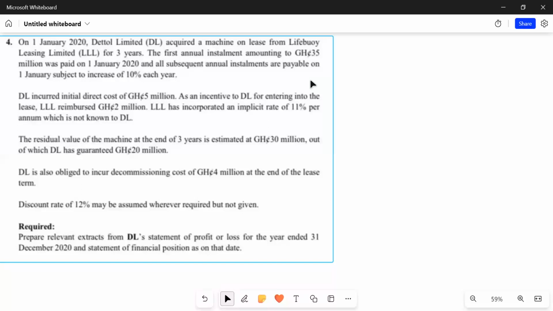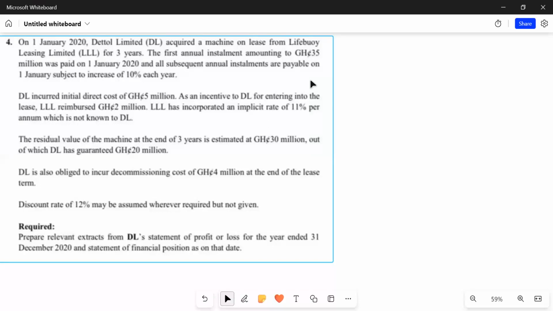So they are going to incur a decommissioning cost. Why are they incurring this decommissioning cost? It is because they want to lease the land. If not for them leasing the land, there will not be any issue of that decommissioning cost. So we assume that the decommissioning cost is as a result of the lease. So it's a direct cost as a result of the lease.